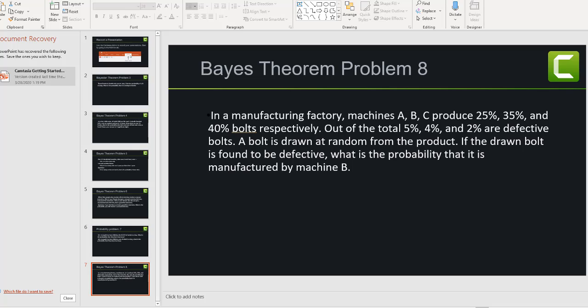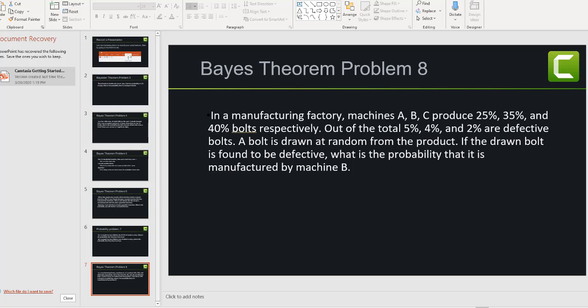This one actually requires a Bayesian solution, so let's read it. In a manufacturing factory, machines A, B and C produce 25%, 35% and 40% of the bolts respectively. Of their output, machine A produces 5% defective bolts, machine B 4% and machine C 2%. Now if you draw a bolt at random from the product line and the bolt is found to be defective, what is the probability that it was manufactured by machine B?